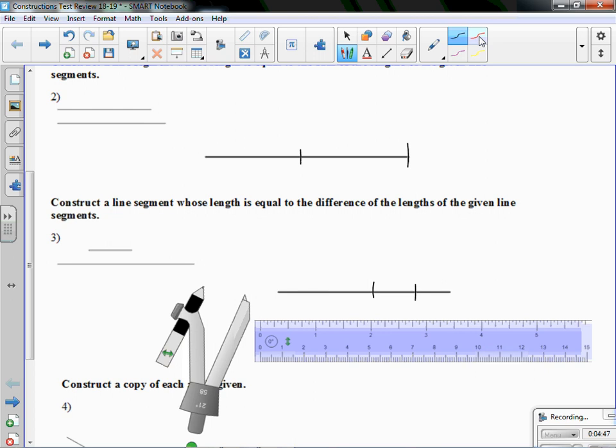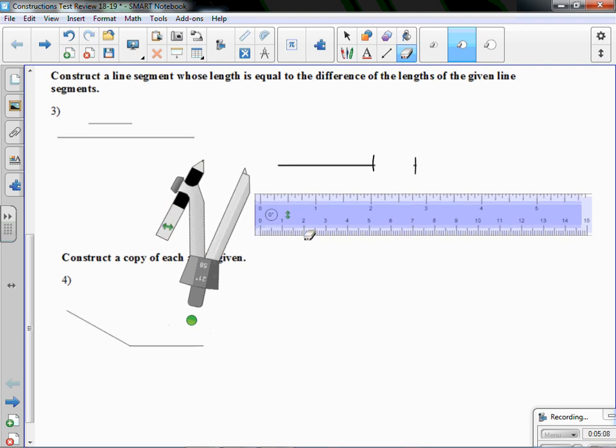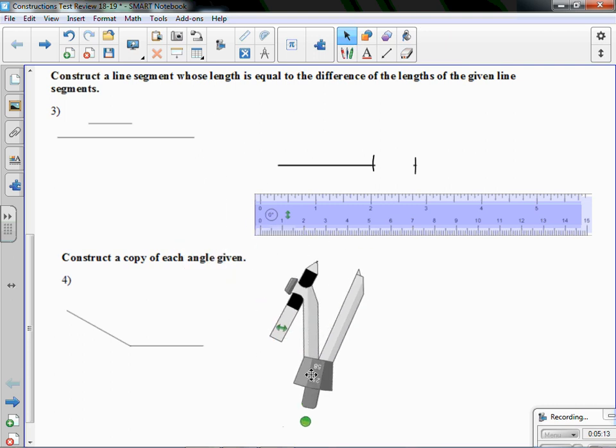And so now we can erase the extra parts. And so this length right here would be the length of this segment minus this segment, or the difference between the two segments.